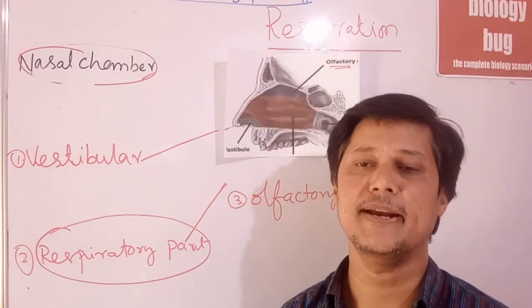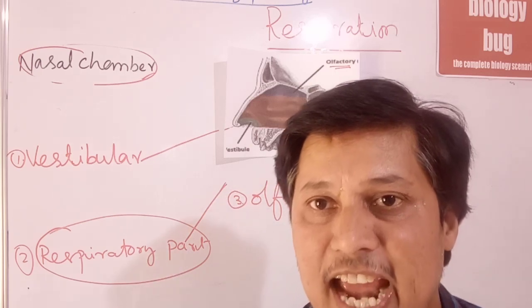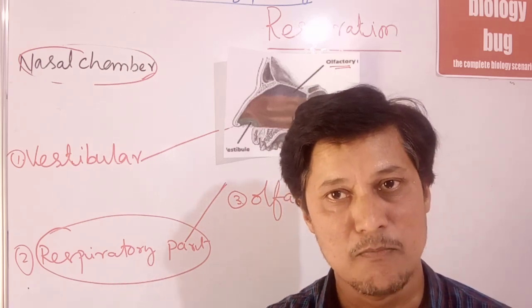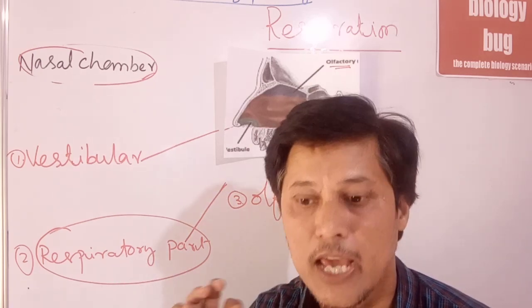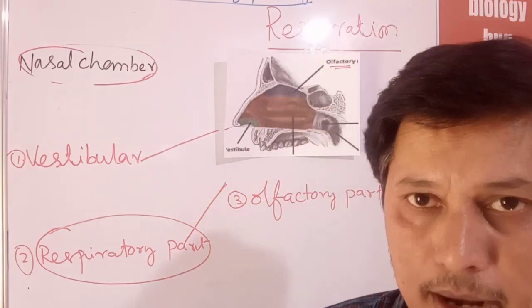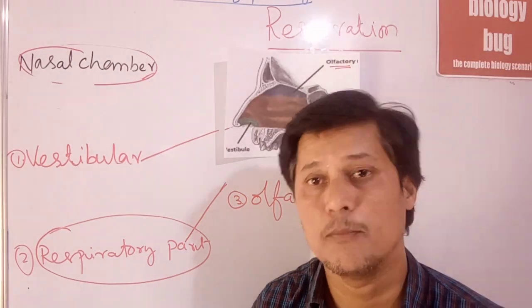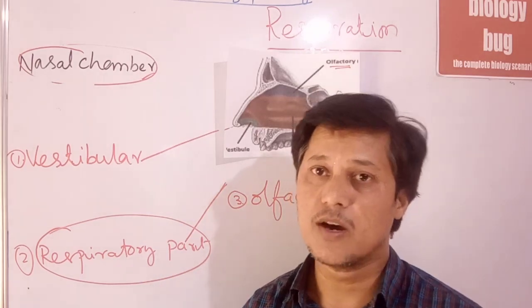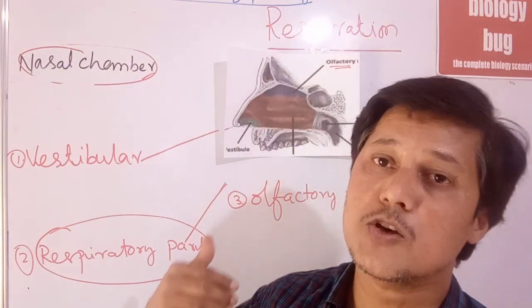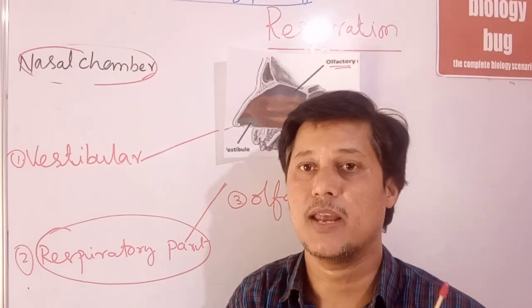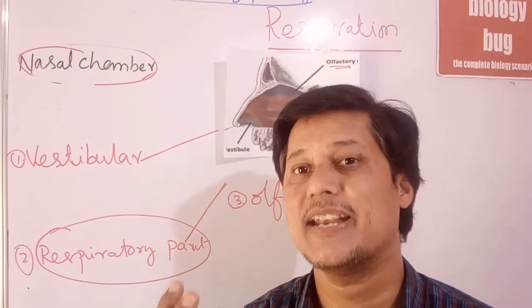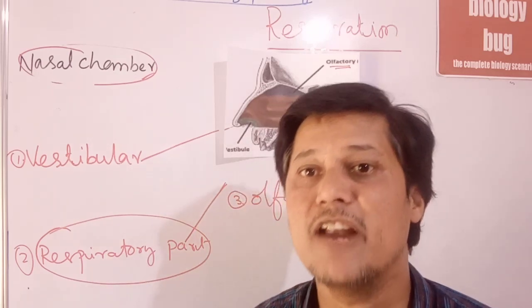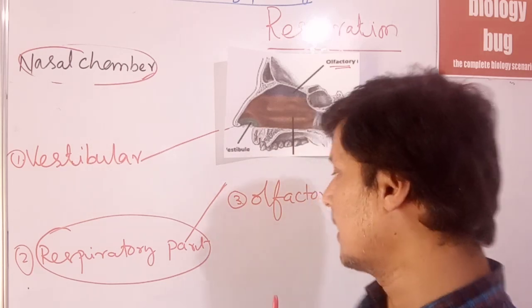It is lined by mucous membrane, which secretes mucus. Whenever dust particles pass over the mucous membrane, the mucus traps the dust particles and forms boogers.